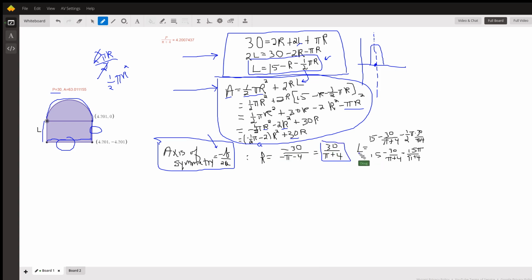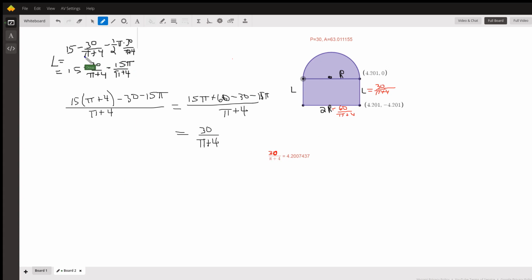Now to find the value of L, well, let's go to the next board. Here's an expression for L with 30 over pi plus 4 replacing the r. We've got 3 terms.